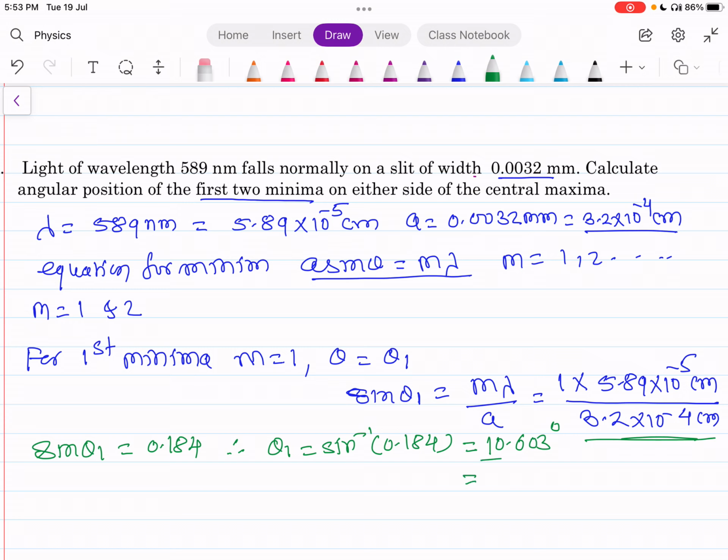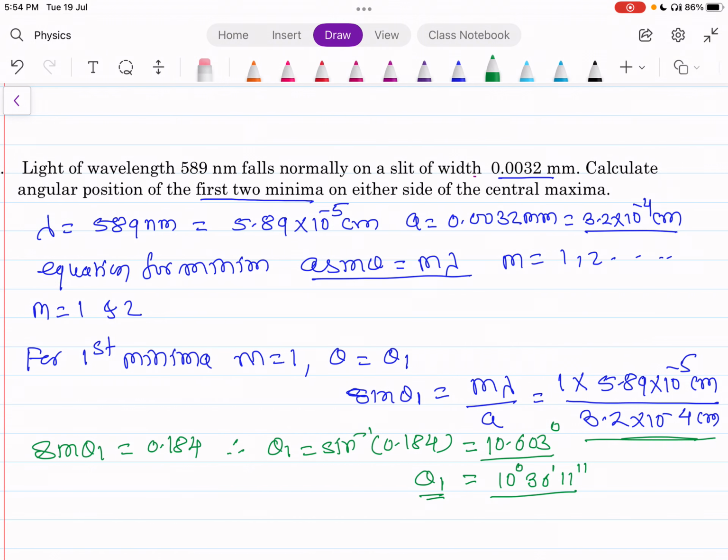This 10.603 degrees we can write as 10 degrees, 36 minutes and 11 seconds. So this is theta 1. The angle for the first minima is 10 degrees, 36 minutes, 11 seconds.